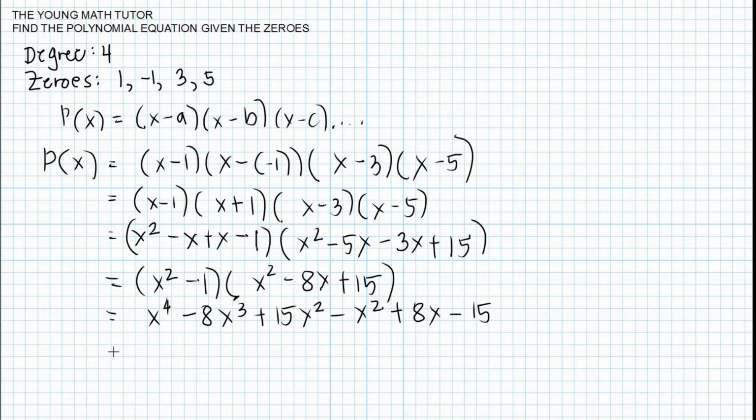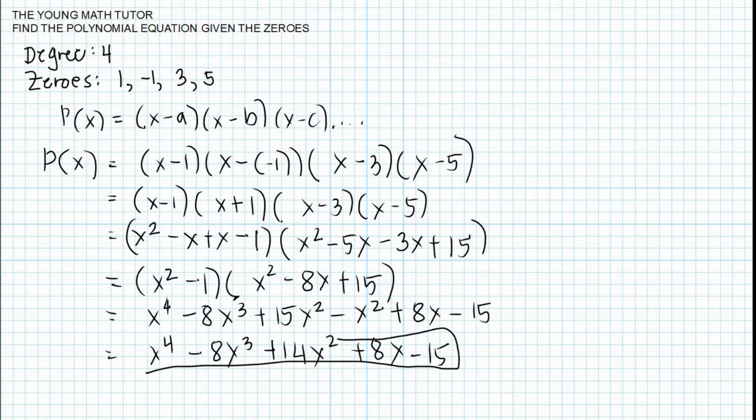So that will be x raised to 4 minus 8x cubed plus 14x squared plus 8x minus 15. Okay, so this will be our polynomial with the zeros 1, -1, 3, and 5.